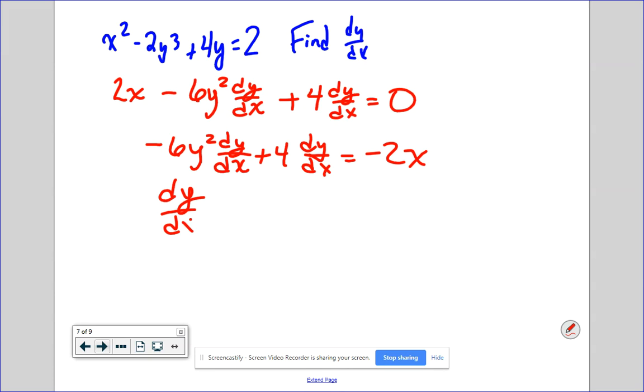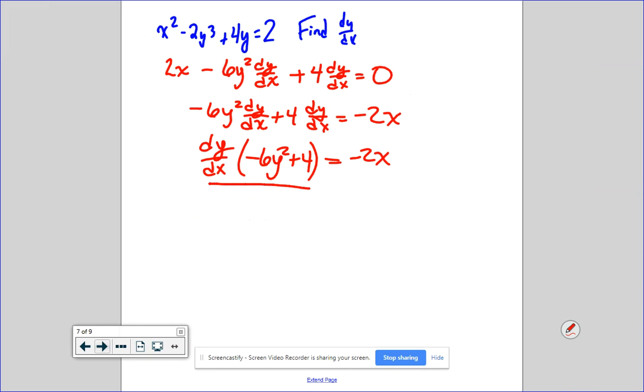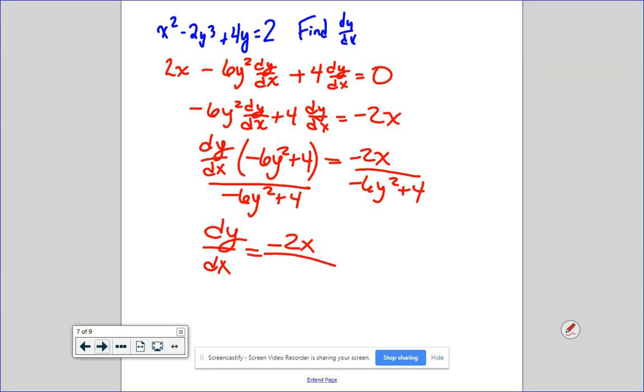Step 3, factor out dy/dx. And divide. Oh, I know what I did wrong. All the dy/dx's are on the left side, don't they?